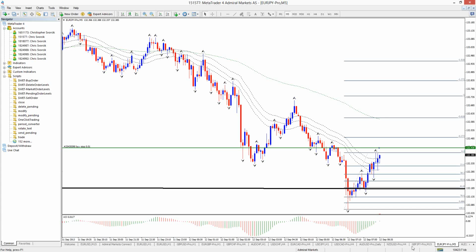Let me take a look at the dollar yen quickly. Yen, we're on the bounce.